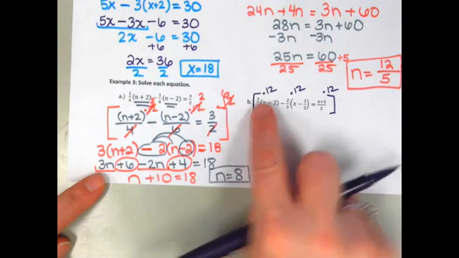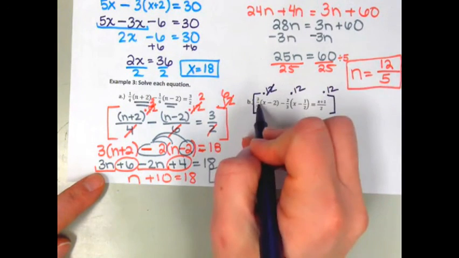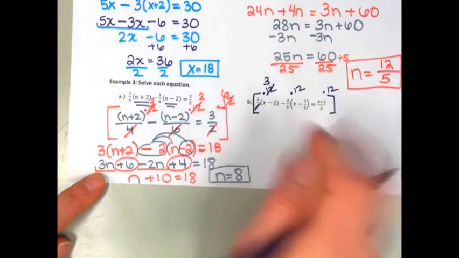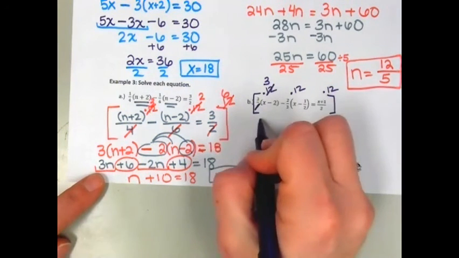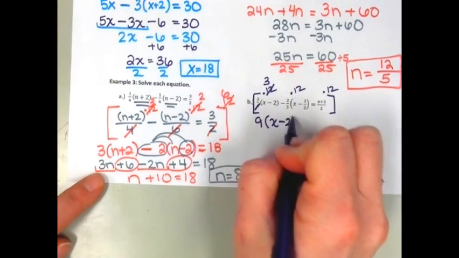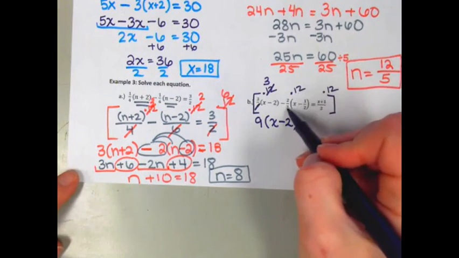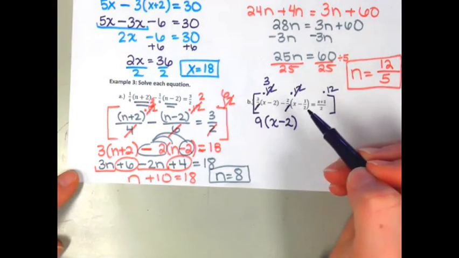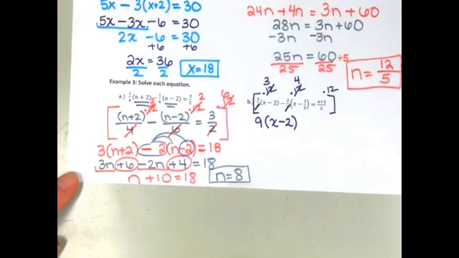So let's think about this. 12 divided by 4 is what? 3. And what's 3 times 3? Oh, 9. So we have 9 times the x minus 2. That quantity of x minus 2 does not change. 12 divided by 3 is 4, right?